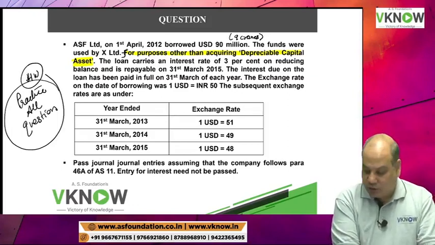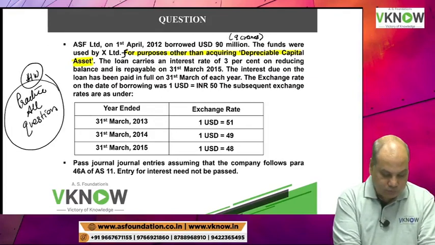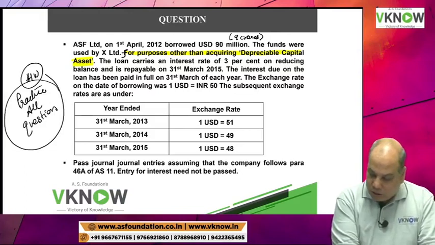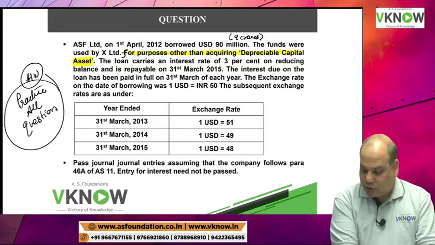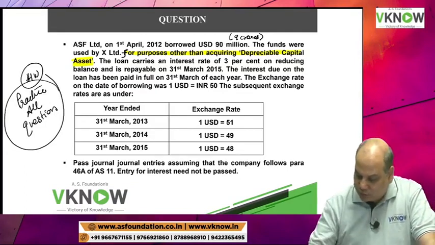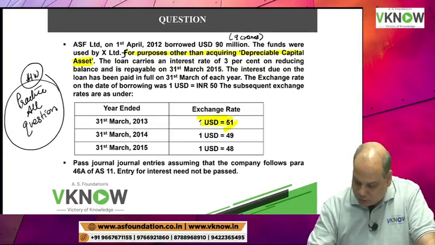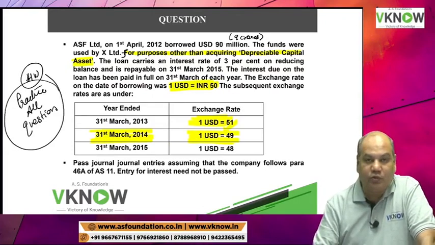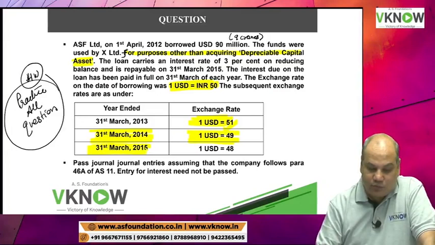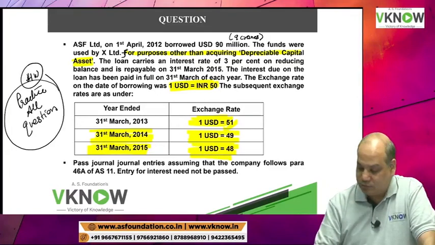Year ended 31st March 2013, exchange rate was 51. Oh my god, exchange rate has gone up. 31st March 14, 1 USD equal to 49. 31st March 15, 1 USD equal to 48.